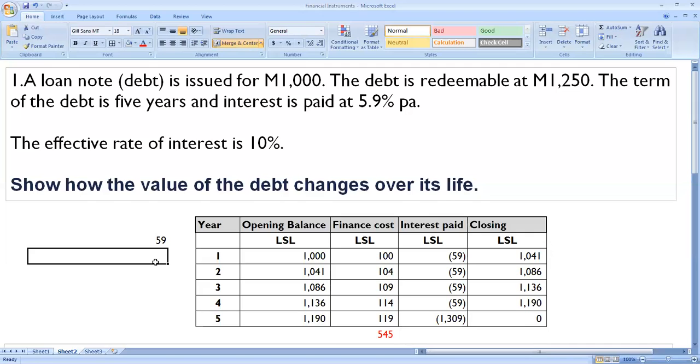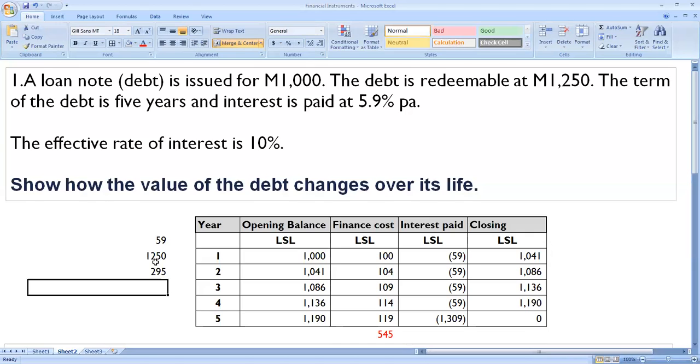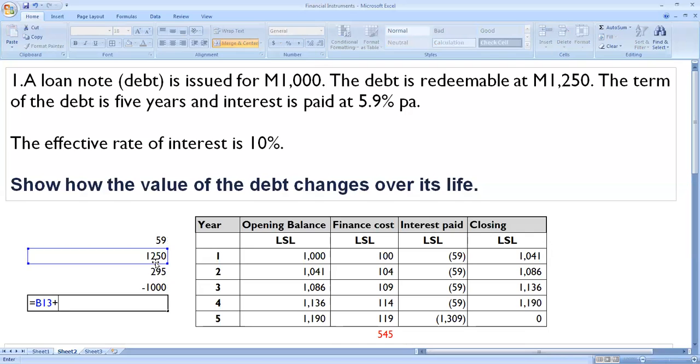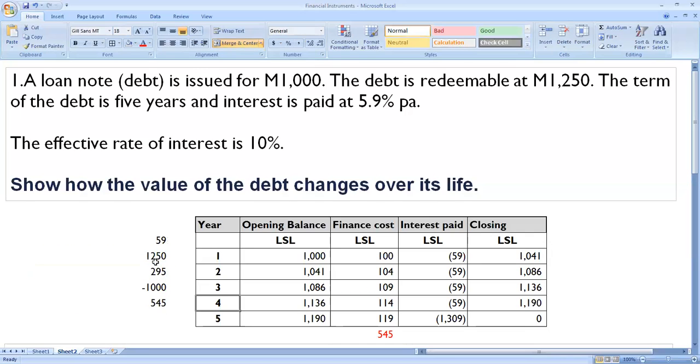Let's just check: it's 1,250, plus 59 by 5 years, then less the cost of 1,000. Yes, it is 545, which is the effective interest, just as we have it here.